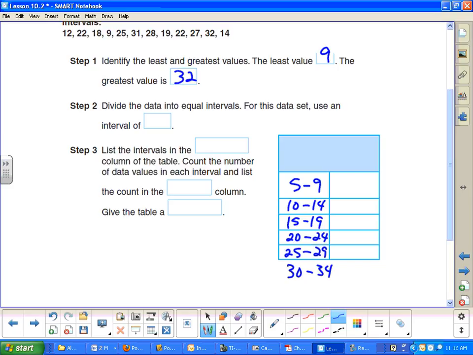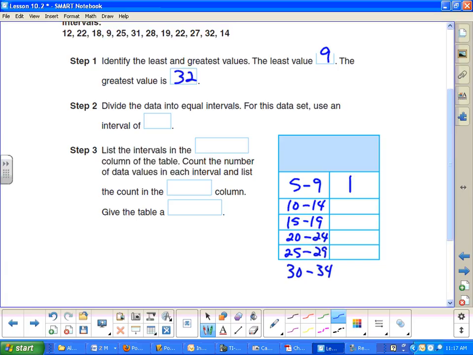Then when we're doing a frequency table, we just need to put in how many are in each interval. Right? So how many numbers are there between 5 and 9? The number 9, right? So there's 1 in our data set. Okay. How many between 10 and 14?